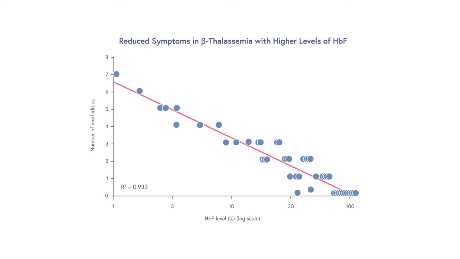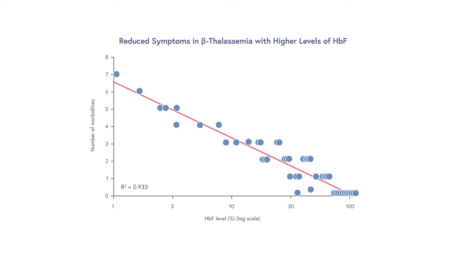Now, reasons to think that this is likely to work. This represents, I'm not sure how they're measuring morbidities, but it relates how morbidities of some sort, or ill effects, relate to the amount of fetal hemoglobin one has. Now you can see there's a negative slope to this line, and what it's telling us is that the more fetal hemoglobin is produced, the less serious the symptoms are.